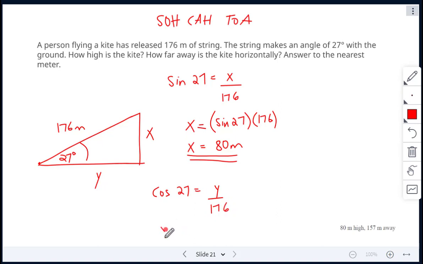And then cross multiplication, y is equal to cosine of 27 multiplied by 176, and we get 156.8. So we'll just round that to 157 meters. Okay, so those are the two sides that we were looking for.